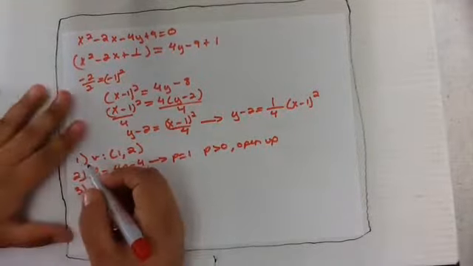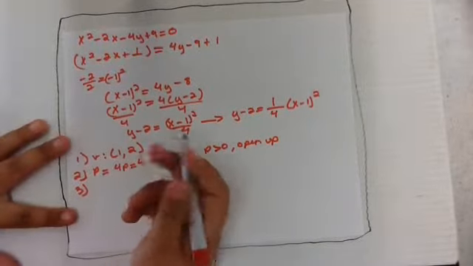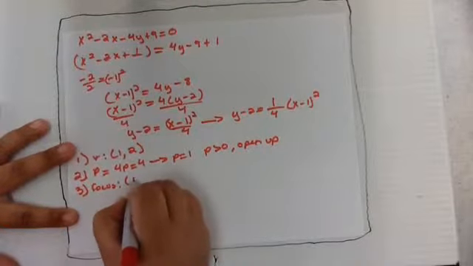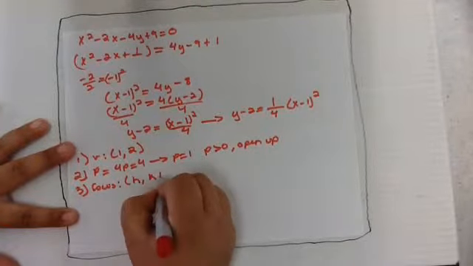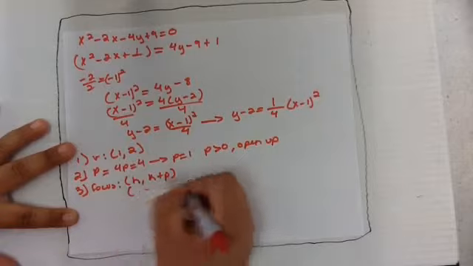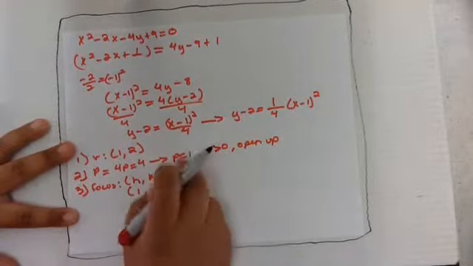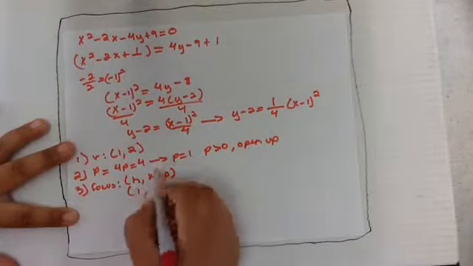To find the focus, since it's a vertical parabola, the movement is happening on the y's. So the focus is at h and k plus p. Our h is 1, our k is 2, and our p is 1, so our point is going to be at 1 and 3.